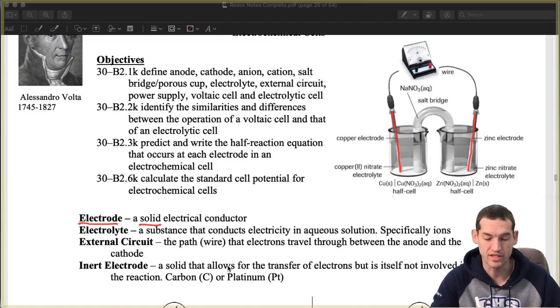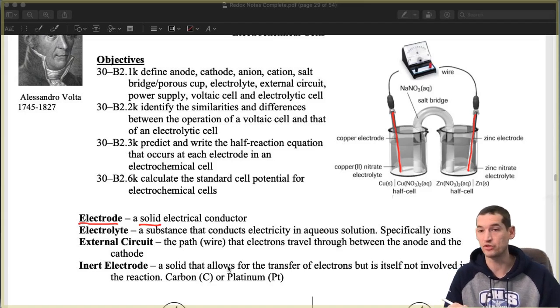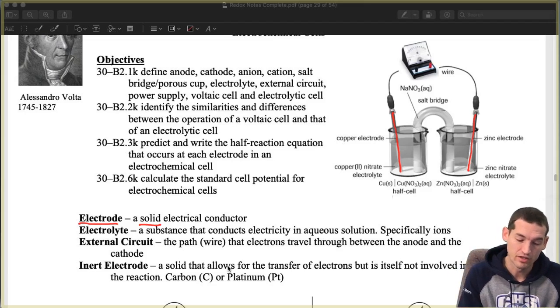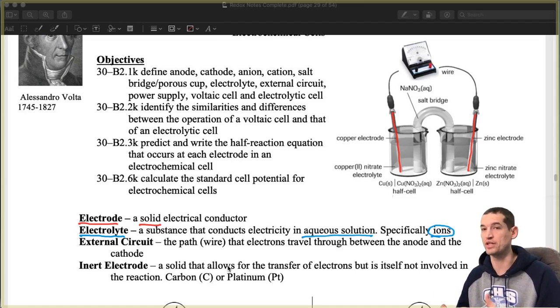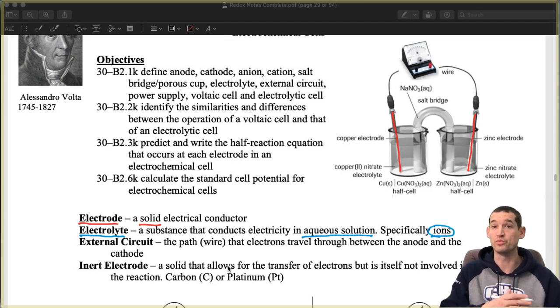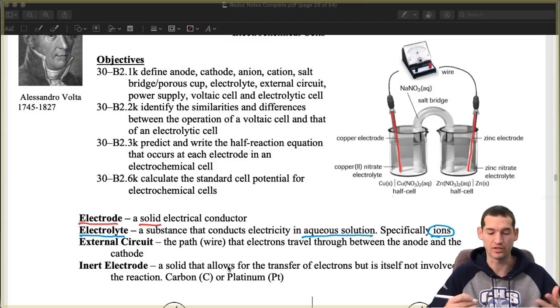The next is the electrolyte. Hopefully you remember electrolytes from Chem 20. Electrolytes are things that conduct electricity. They have to have ions. The electrolyte is usually, not always, but usually an aqueous solution. Specifically, the big one is there needs to be ions present in order to allow charge to move around inside the cell so that things will work.